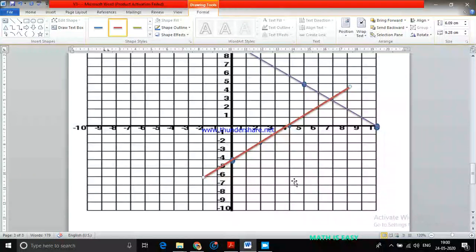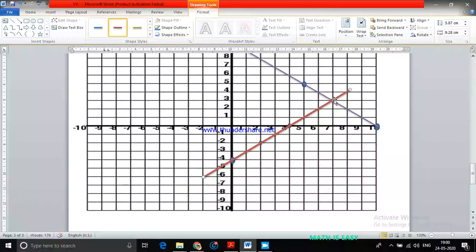So now you can decide what is the common part for both of them, where both the lines are intersecting. Their intersection point looks like 7 comma 3.